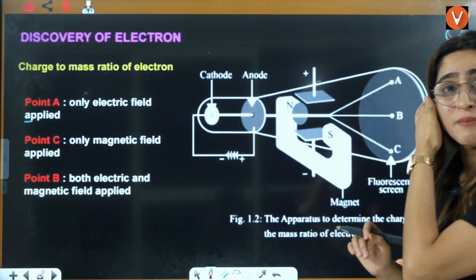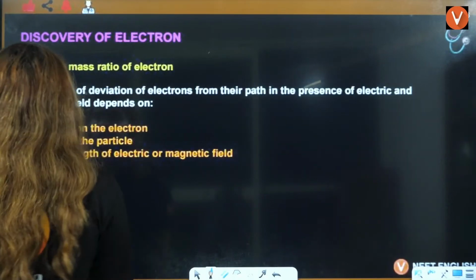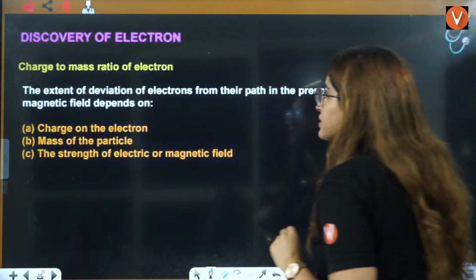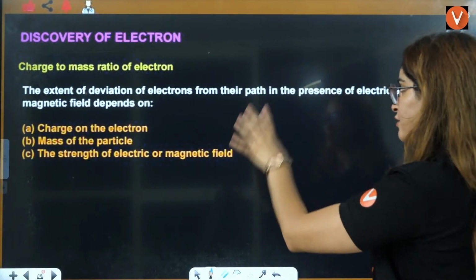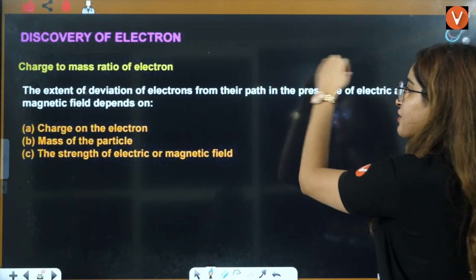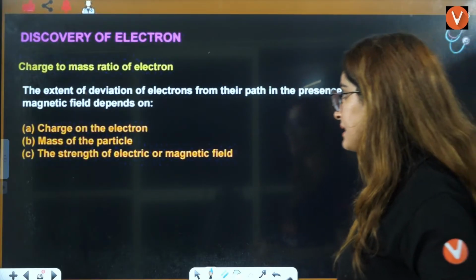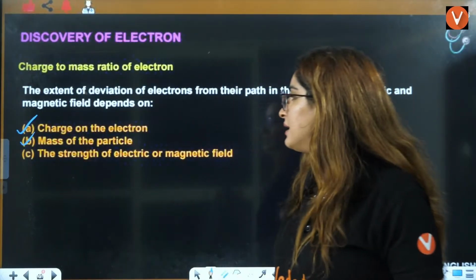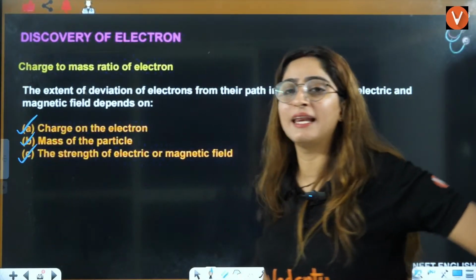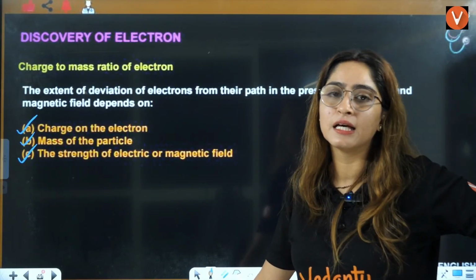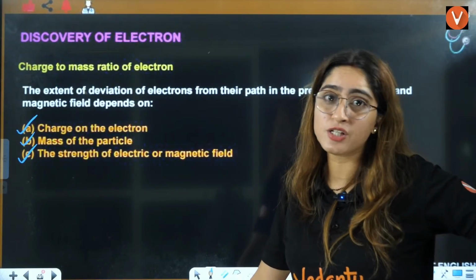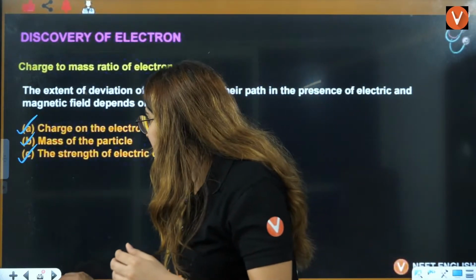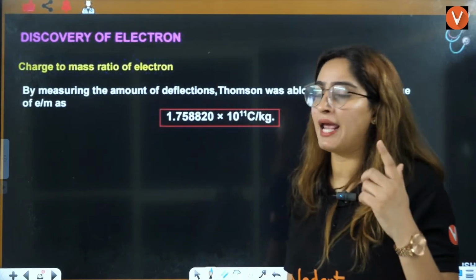After doing this experiment, he was able to analyze a few points, namely how he would find the charge to mass ratio. The extent of deviation of electrons from their path in the presence of electric and magnetic fields depends upon the charge on the electron, the mass of the particle, and the strength of the magnetic and electric fields, right? By many experiments, he determined the e/m ratio.